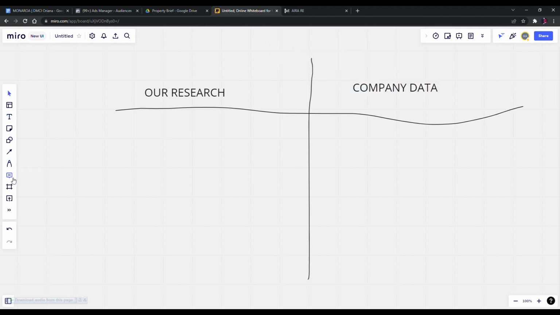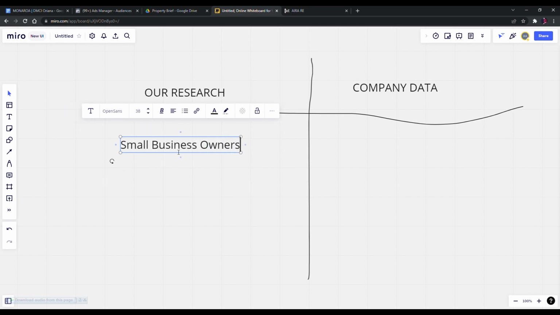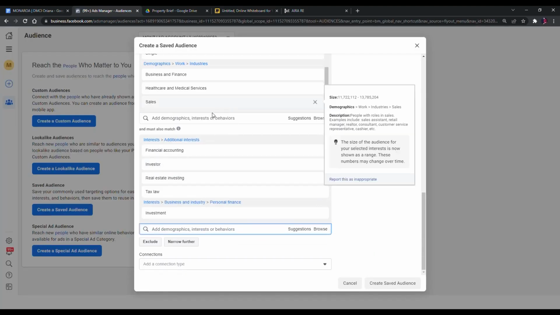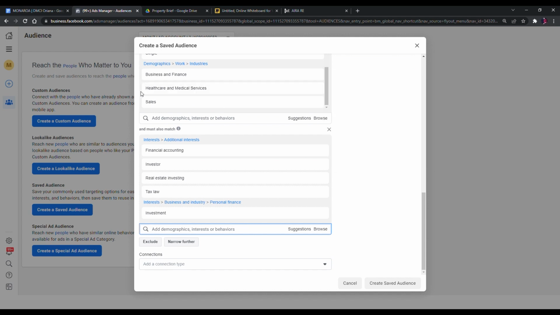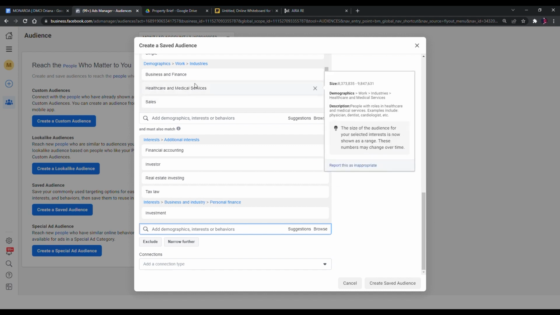So far with our own research, what we find for the psychographics part is definitely we found small business owners. We've also found investors. We've also found people who are in sales, pharmaceuticals. Maybe that's something that we should add. Oh, there we go. Healthcare and medical services. So we've already added that there.